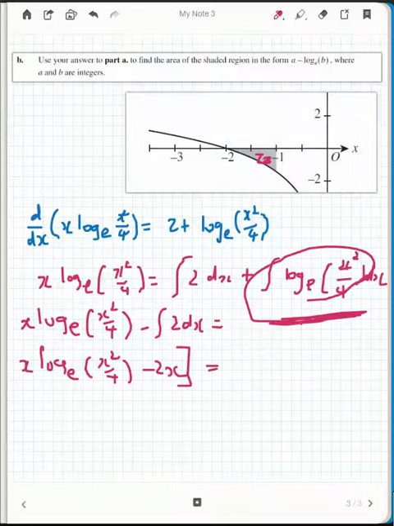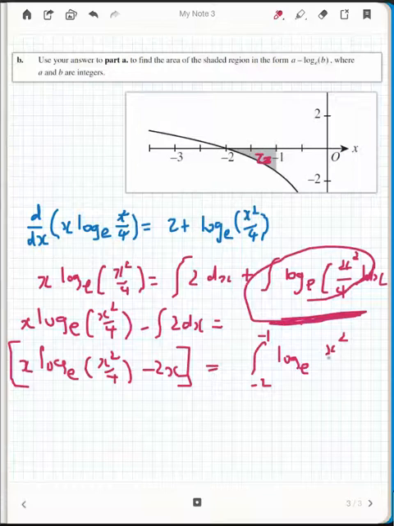Now that's the integral from -2 to -1 of log base e of x squared on 4 dx. And that goes from -2 to -1.